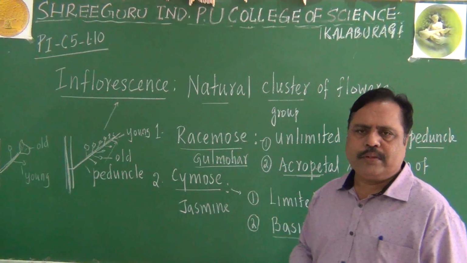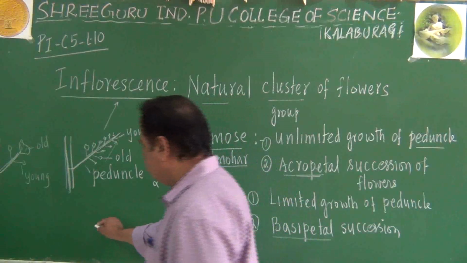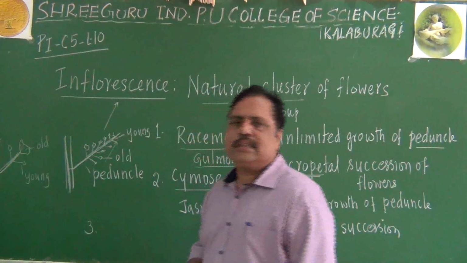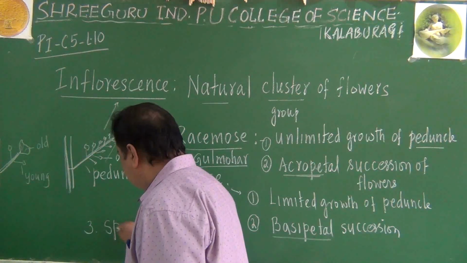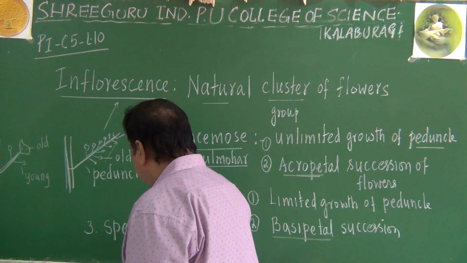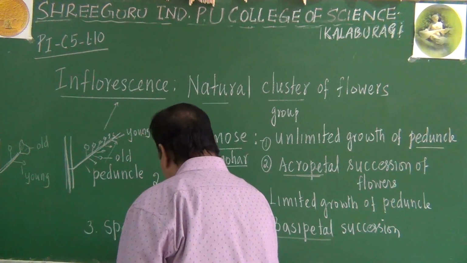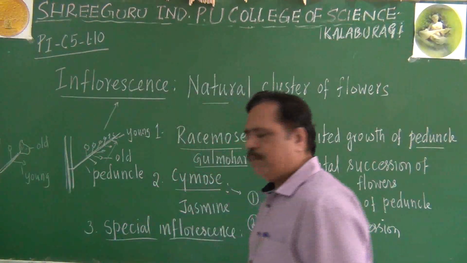Racemose, cymose. In addition to that, in some angiosperms there will be a third type of inflorescence possible, called special inflorescence. Cymose, racemose and special inflorescence could be found.